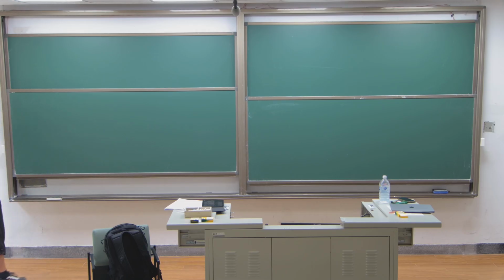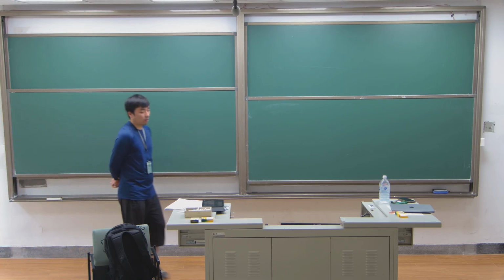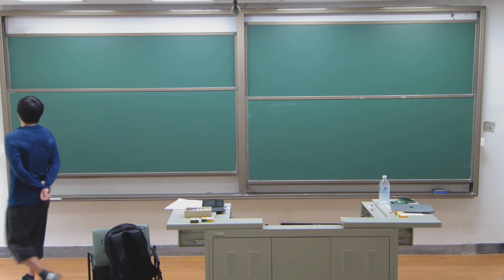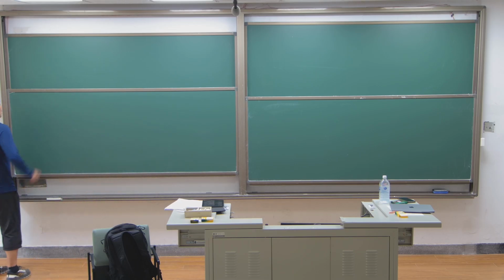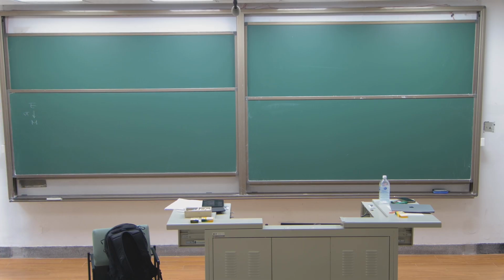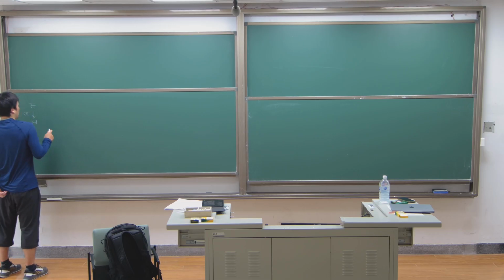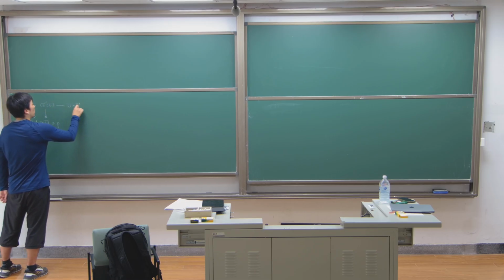上次我们学习向量丛，我们回顾一下向量丛是什么。E to M, M is a manifold, 是向量丛, this is the projection π. And each point P, you can have an open neighborhood U such that π inverse of U can be trivialized to U times R^k.